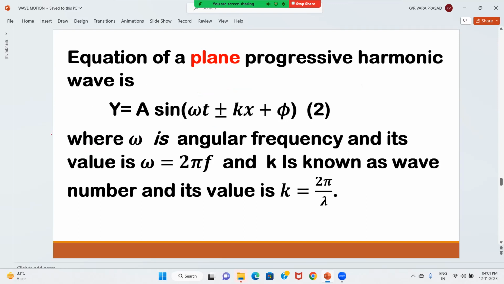So now see the equation of a plane progressive harmonic wave. Plane progressive means energy is propagating. Here oscillations are simple harmonic, so we can represent such a wave with the help of a sine or cos function.